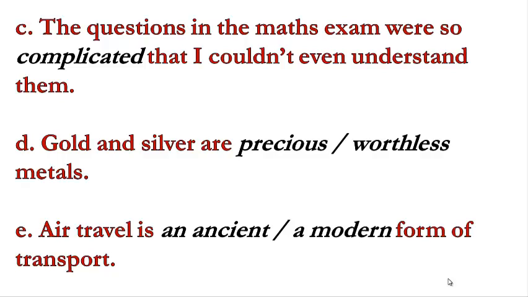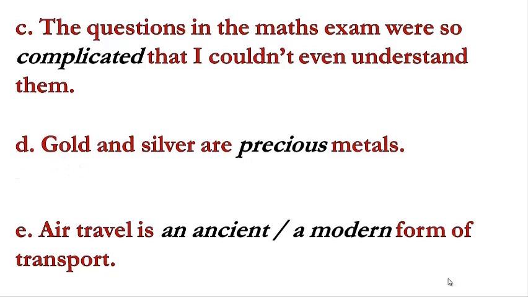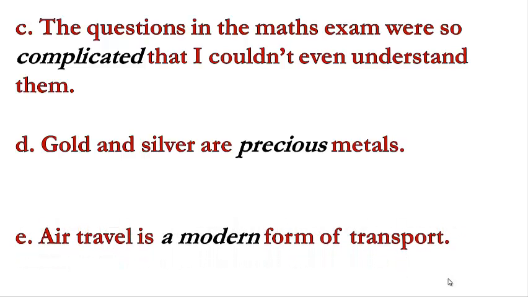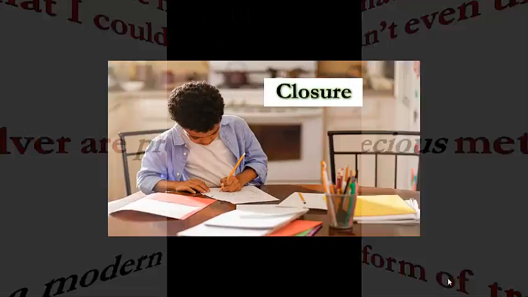D. Gold and silver are precious metals. And air travel is a modern form of transport.